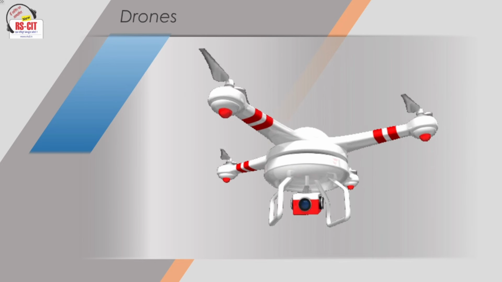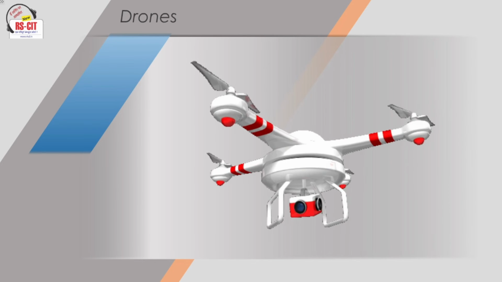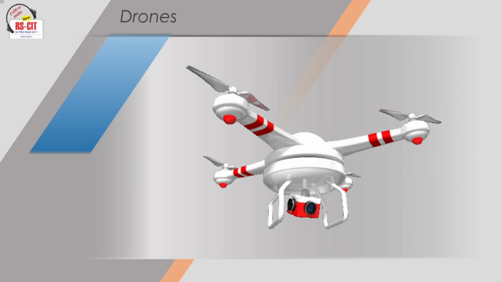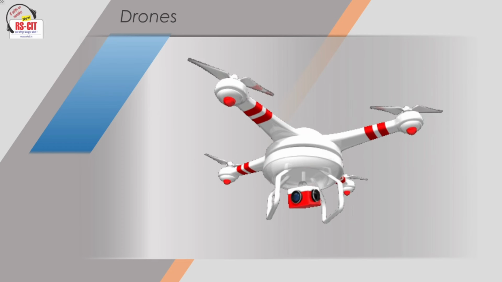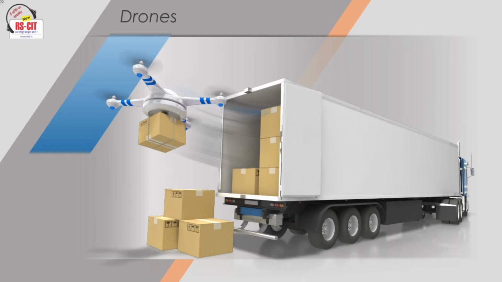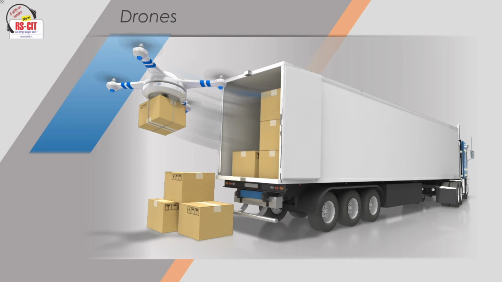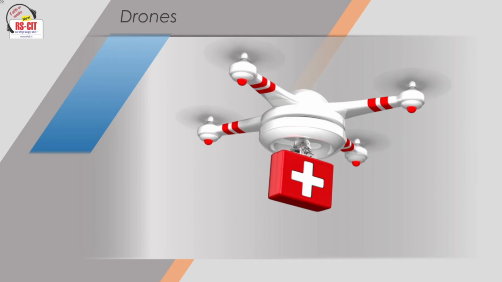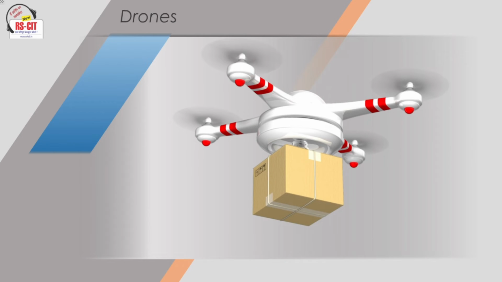Drone, unmanned aerial vehicle, UAV. An unmanned aerial vehicle, that is UAV, commonly known as a drone and also referred to by several other names, is an aircraft without a human pilot aboard. The flight of UAVs may be controlled either autonomously by onboard computers or by the remote control of a pilot on the ground or in another vehicle.